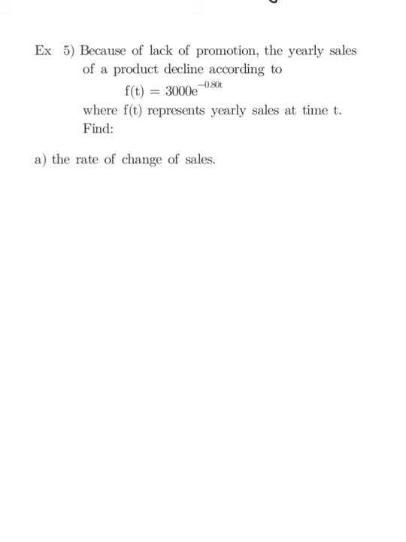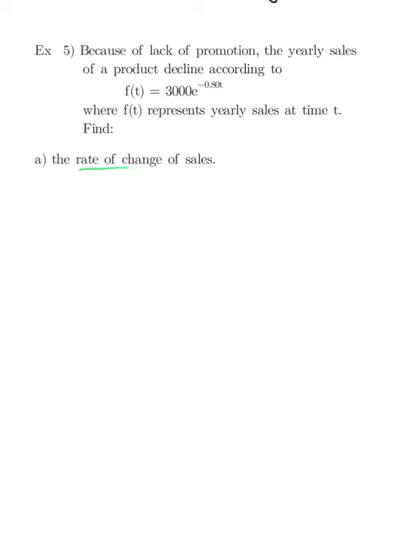Example 5 says, because of lack of promotion, the yearly sales of a product decline according to the function f of t equals 3,000 e to the negative 0.80t, where f of t represents yearly sales at time t. We are asked to find, on question A, the rate of change of sales.